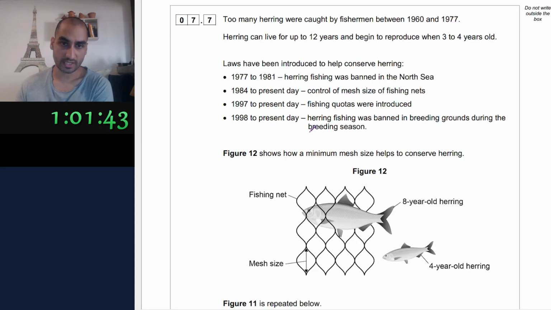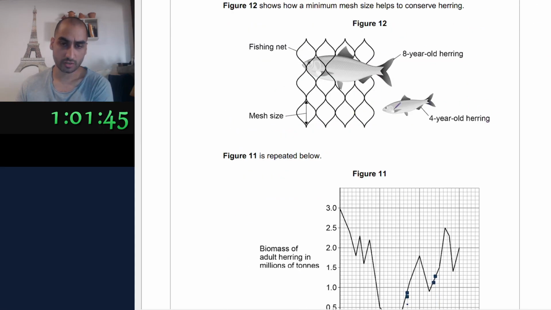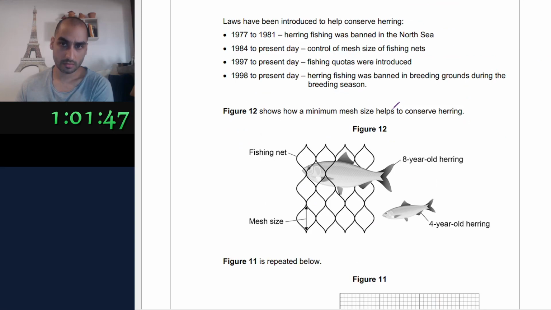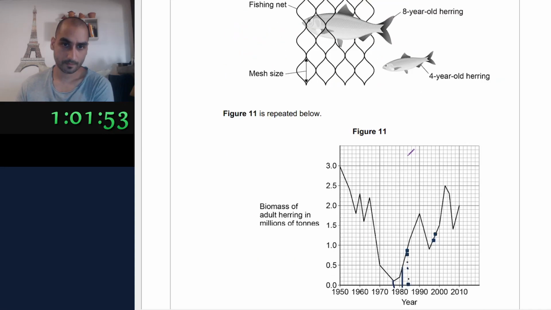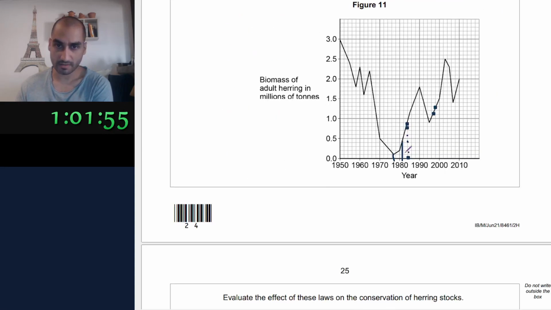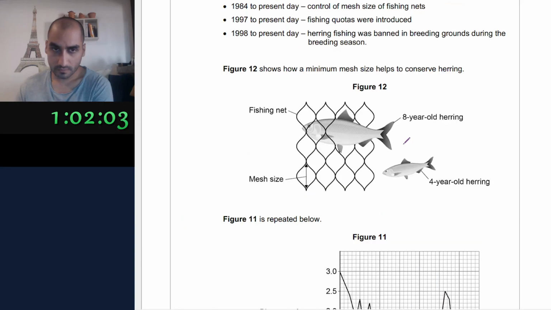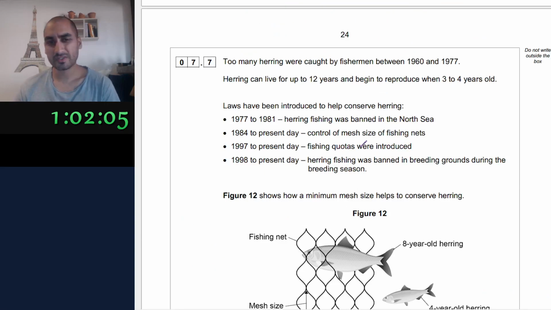Because you avoid catching the small fish, but they still have to grow up before they can reproduce. So you would expect maybe about 3 years before you notice anything. I don't know what to say here.